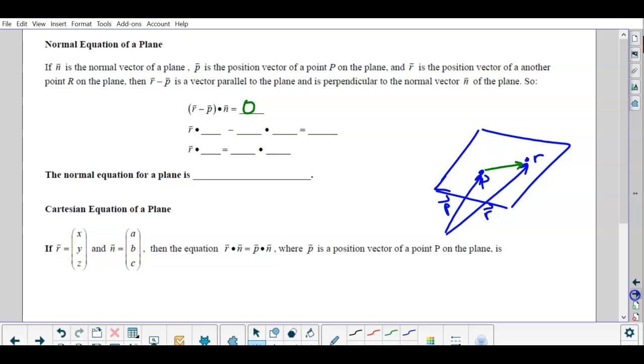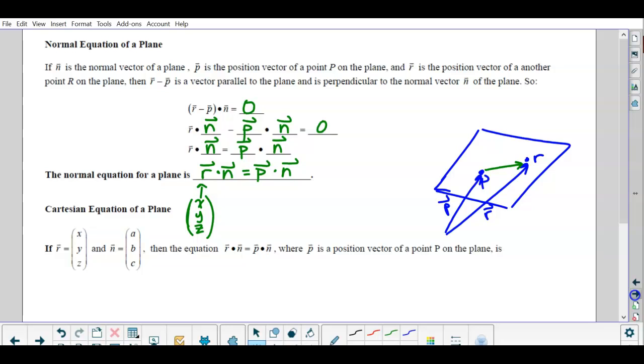If we just use our distributive property, then that's going to be R dot n minus P dot n equals 0. And just rearrange that. That's the vector, the normal equation for a plane. This is X, Y, Z. Right?